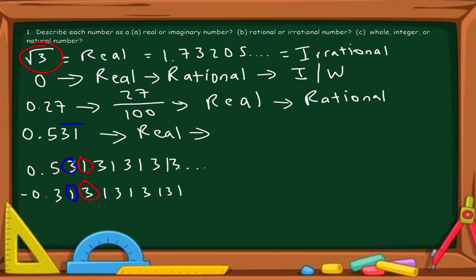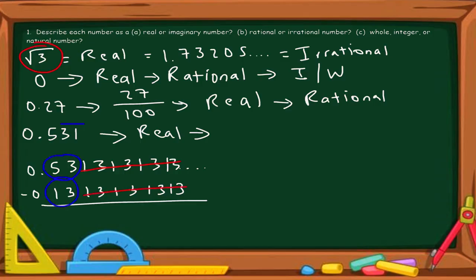So this 3 does not correspond to the 1, so therefore it's not 3, 1, but it's actually 1, 3. If we subtract the first number by 0.13 repeating, note that the numbers match up. So this part right here cancels with this part. So we have 0.53 minus 0.13, which is 0.4. So 0.4 is the non-repeating part of this number.